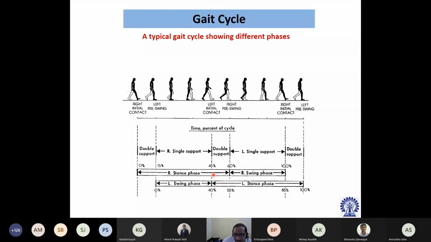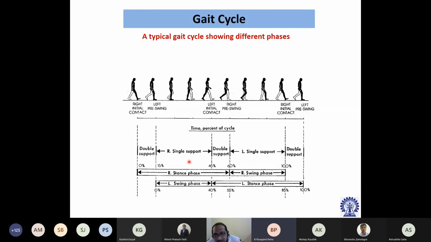Is that clear? So, sir, that means that the right single support phase is less than the left swing phase. No. Swing phase is 40% for both the cases. But single support is 30% for both the cases.